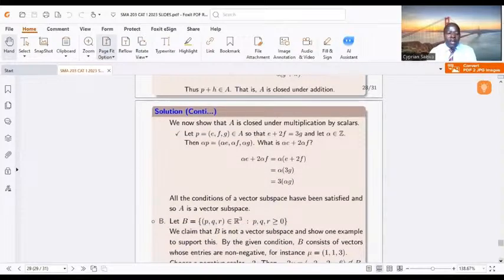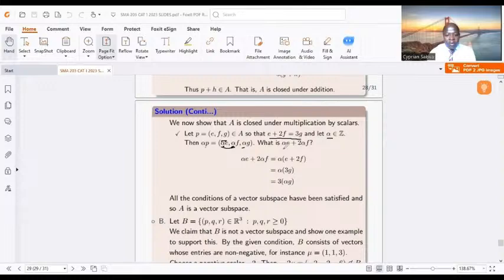So again, I pick a vector P, defined above, so that it fulfills that condition given to us, and choose a scalar alpha. Having picked this scalar and this element, we want to multiply alpha and P. When you multiply alpha with these elements of P, you get alpha E, alpha F, alpha G. Let's see whether the first element plus twice the second element will give us thrice the third element.